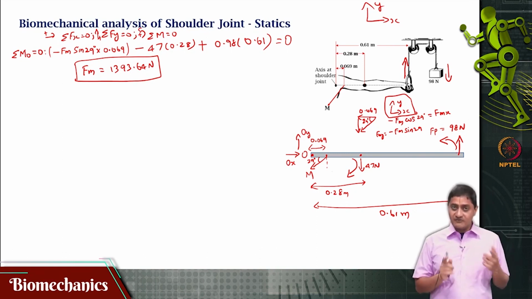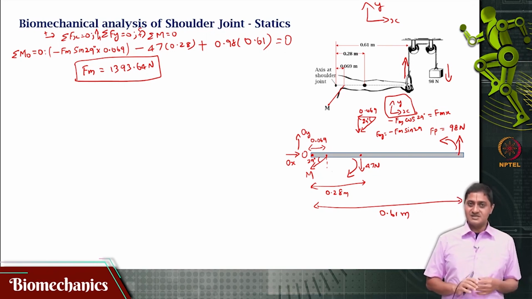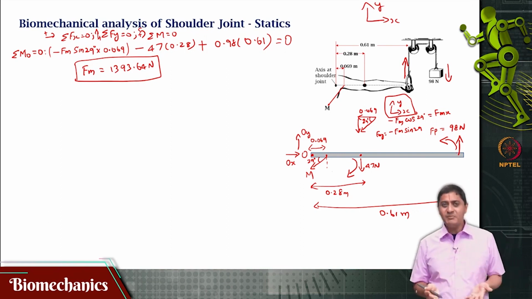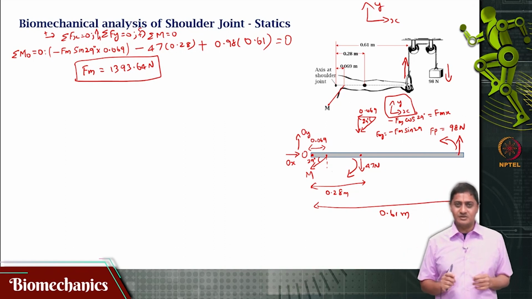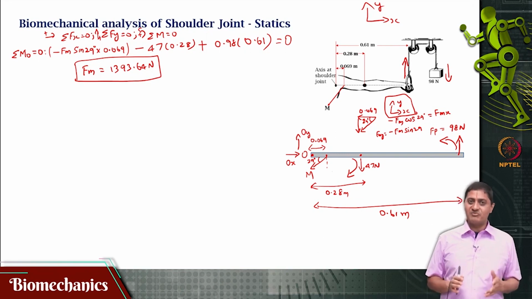In some cases, one of these will be inconvenient, the other will be okay. In some other cases, like this one, both of them are leading to a situation in which the muscle force will have to be very large. And this muscle is capable of producing that much force. It is important to note that just because the muscle is producing a large amount of force, that is not bad. This muscle is capable of producing thousands of newtons of force.